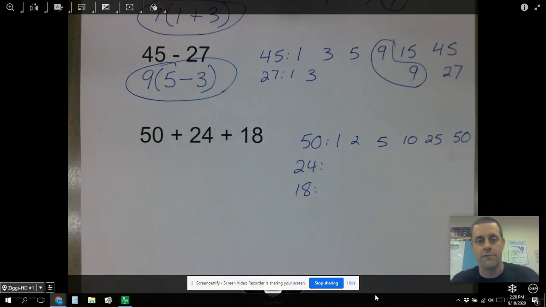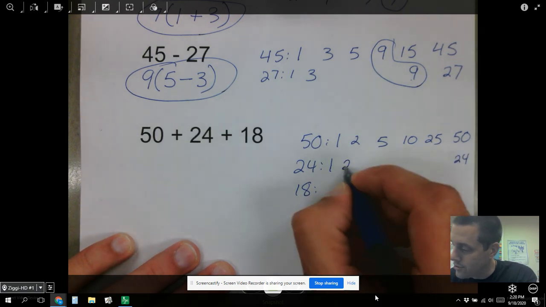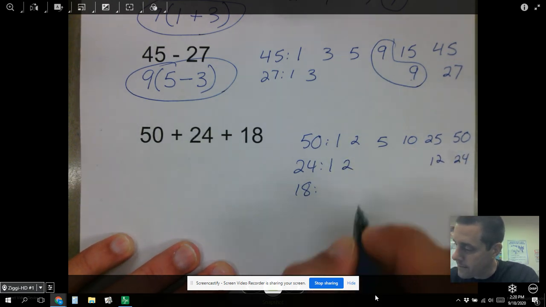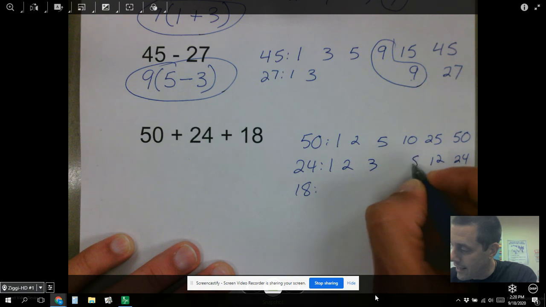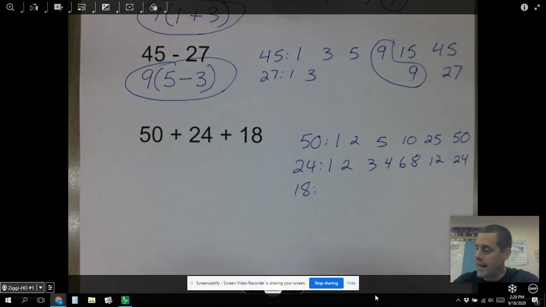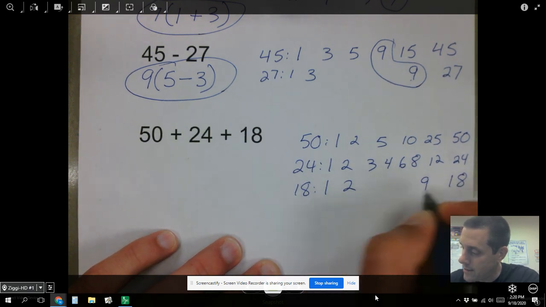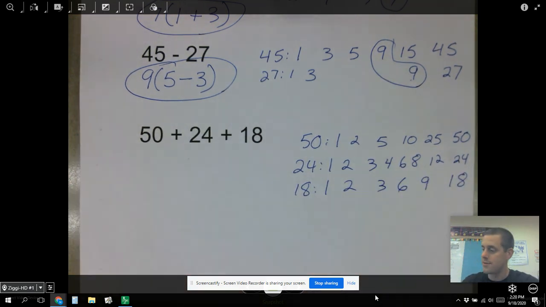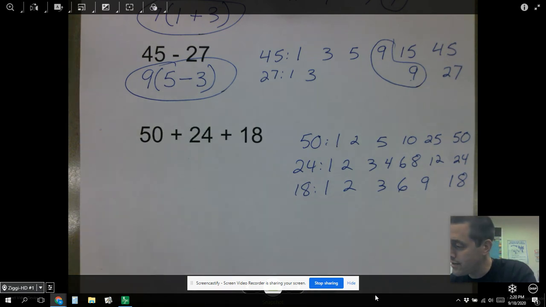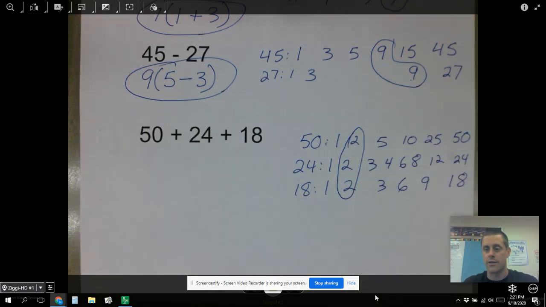Those are all your factors of 50. 24, 1 and 24, 2 and 12, 3 and 8, 4 and 6. And then 18, 1 and 18, 2 and 9, and 3 and 6. So what is the largest value that appears in all of these? And I'm seeing 2 as the greatest common factor.